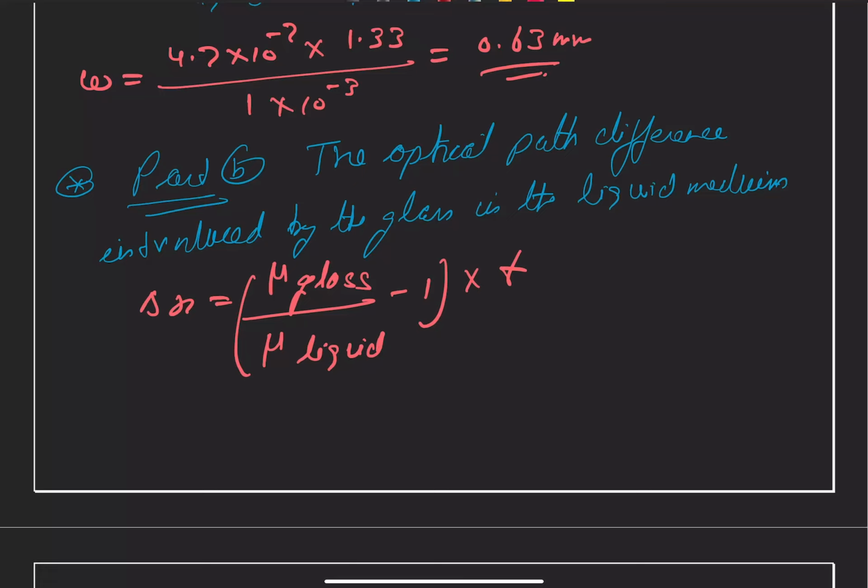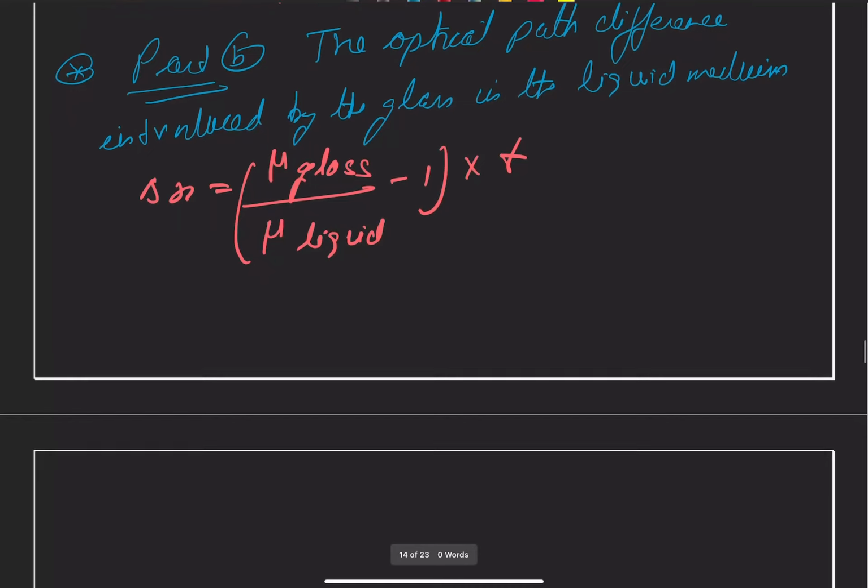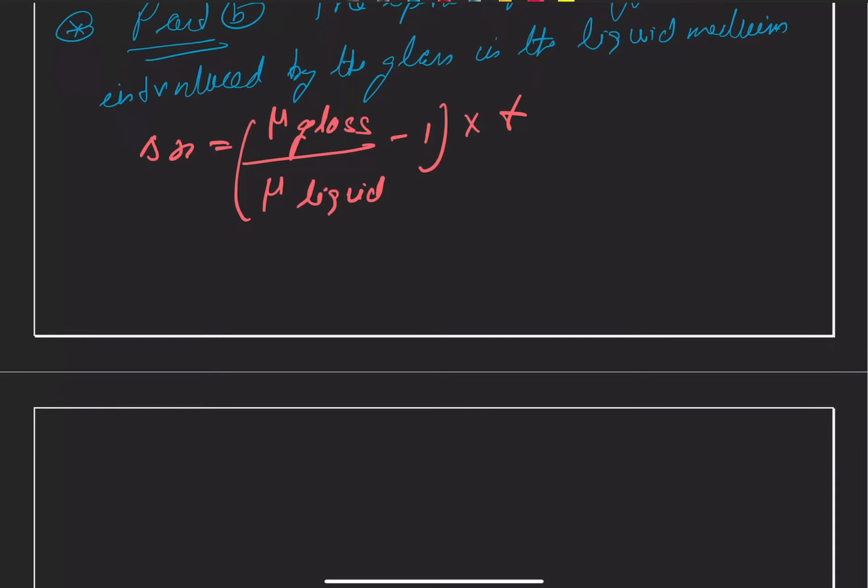Okay, and we substitute the values. Another thing is that this path difference should also be equal to lambda by 2. So our delta x should be equal to the wavelength of the liquid divided by 2.